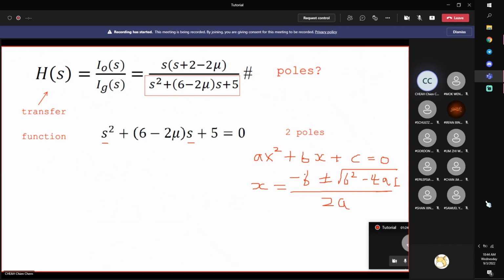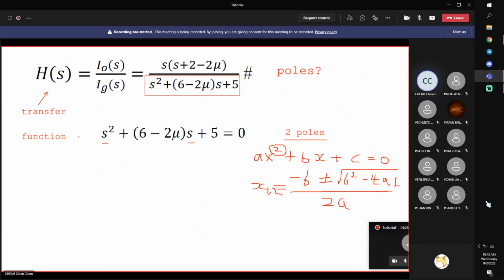Now why is there a plus minus? Because second order means two poles, two solutions. One is called x1, the other x2. x1 is negative b plus, x2 is negative b minus, for example. Then you have two of them.